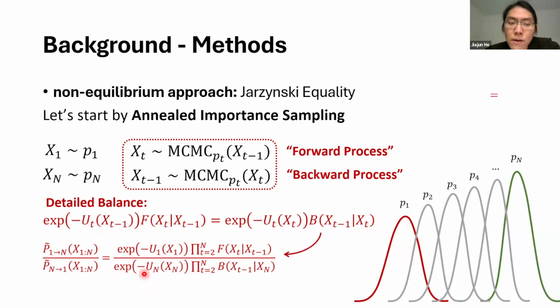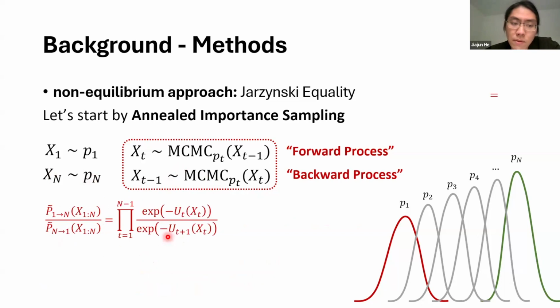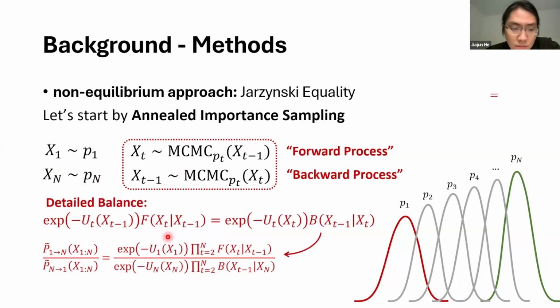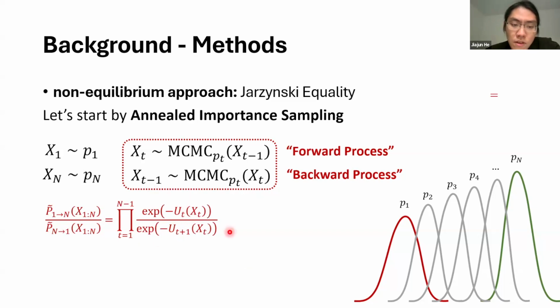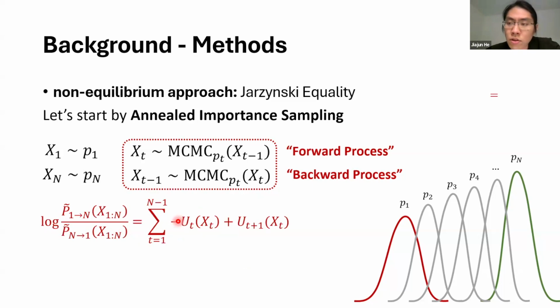And we also plug in this detailed balance to simplify things. If we do so, we can show that you can simplify it a lot. Actually, all the transition kernels cancel out. You only live with the ratio between marginals. And also in log space, we can write things in a concise way.